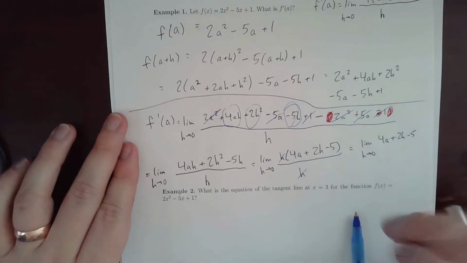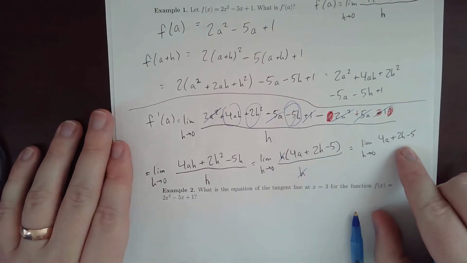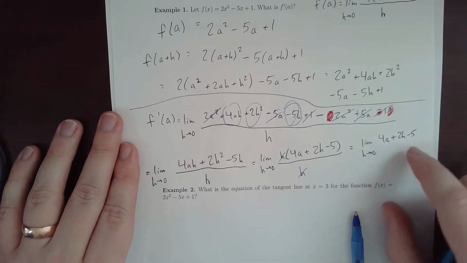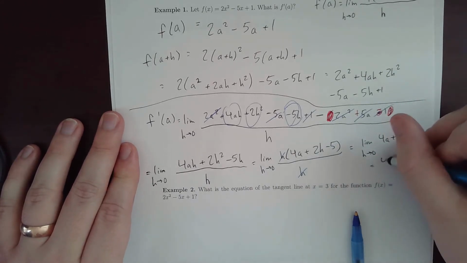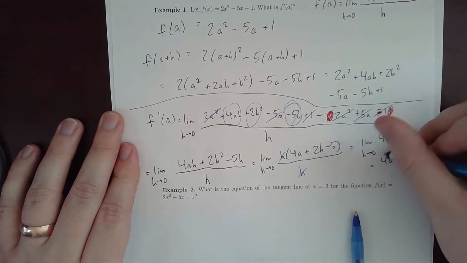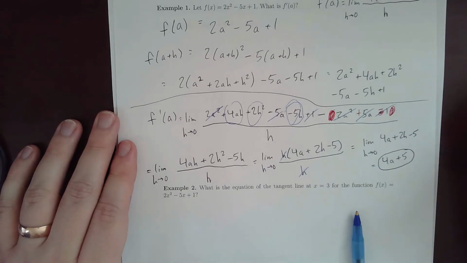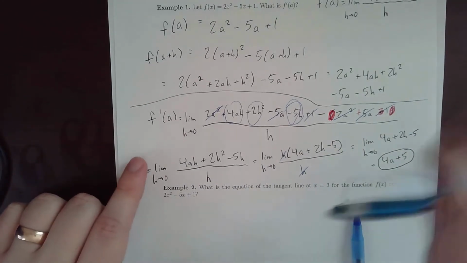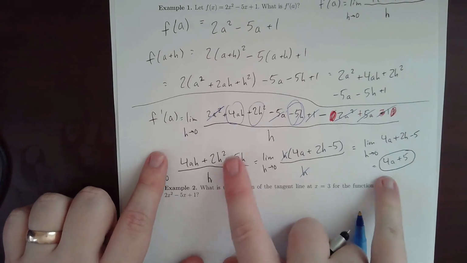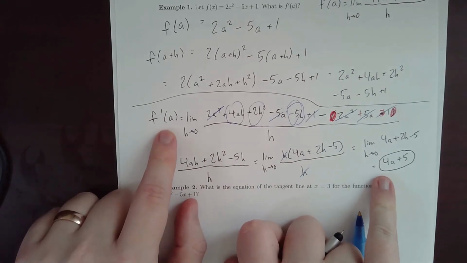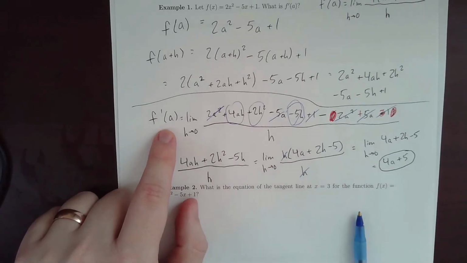And at this point, since we don't have any dividing by 0 things to worry about, we can go ahead and plug this in. So h will be 0, so this will just be 4a plus 5. Okay, great. So that means that even without specifying what our value is going to be to input into this, we now know what it is that we're looking at for our derivative.